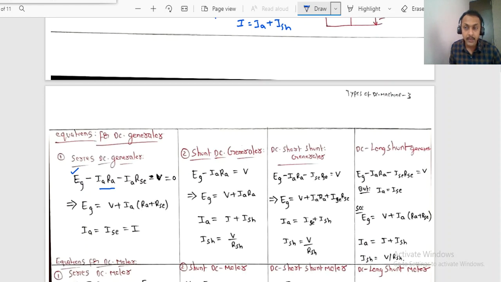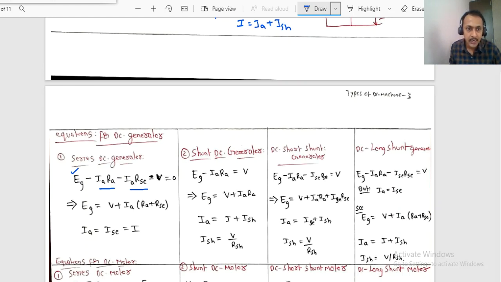Now the same current is flowing in the series field winding, which has resistance RSC. Similarly, there is a voltage drop IA RSC. Then the remaining voltage will be available across the load, the terminal voltage V.